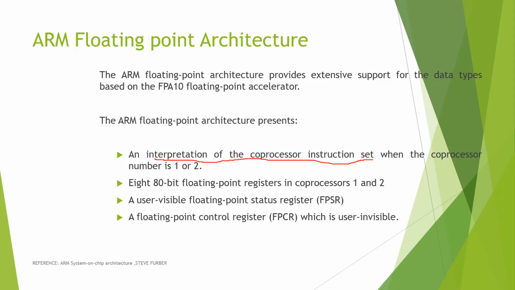And then you have the eight 80-bit floating point registers. Then you have a user visible floating point status register. What is it for? It controls the various operations and indicates error conditions. The error conditions are represented here. And the last one is the floating point control register, which is user invisible.